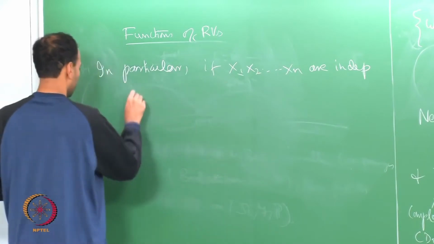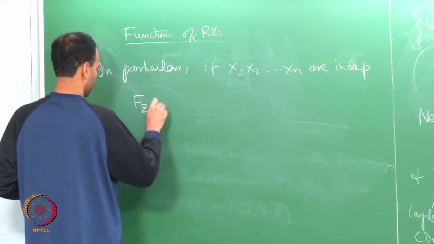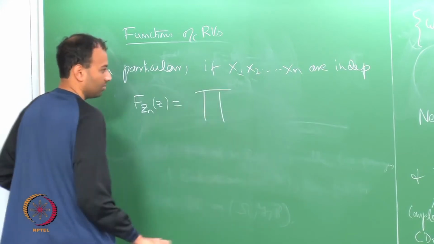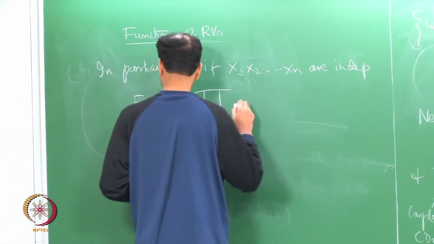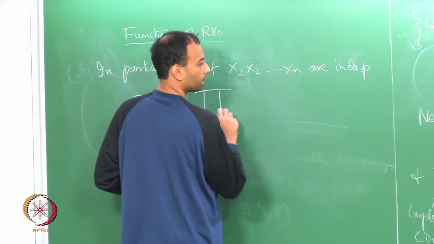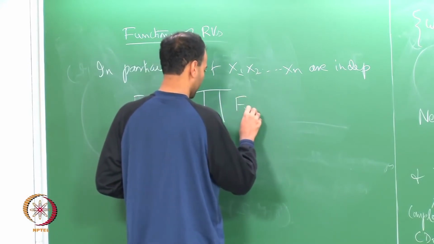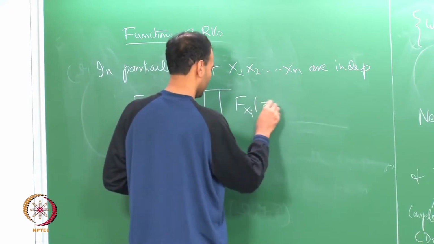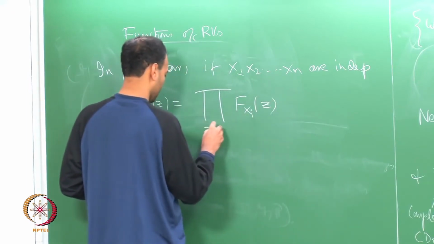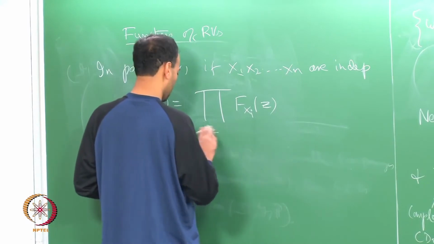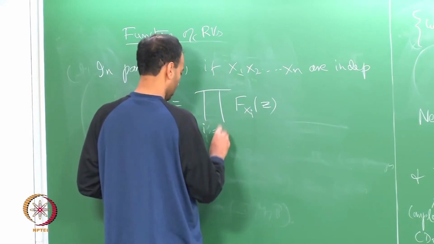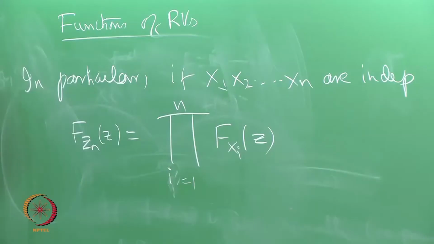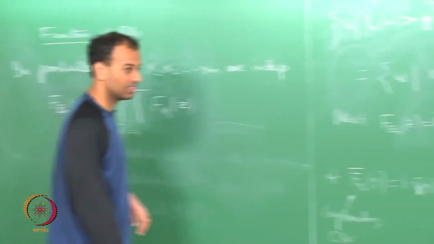So, I will have F_{Z_n} of z will be equal to the product of F_{Xi} of z, i equal to 1 through n, is that correct? Because my joint CDF will factorize, right.